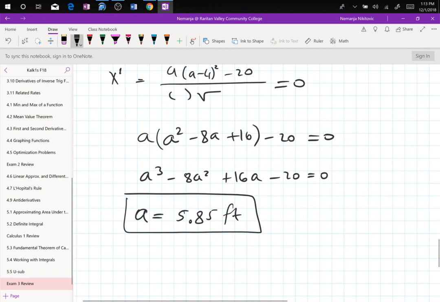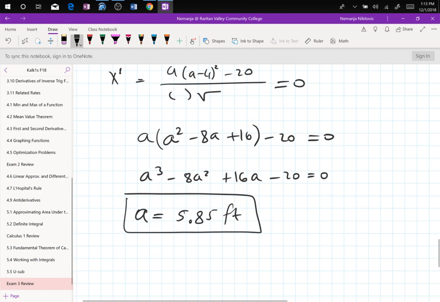Students usually ask, how do I know the difference between the word problems? Well, an optimization word problem is looking for a minimum or maximum somewhere, and differentials are looking to approximate the change. So they're completely different wording for different situations. If you see approximate the change for the function, that's differentials.